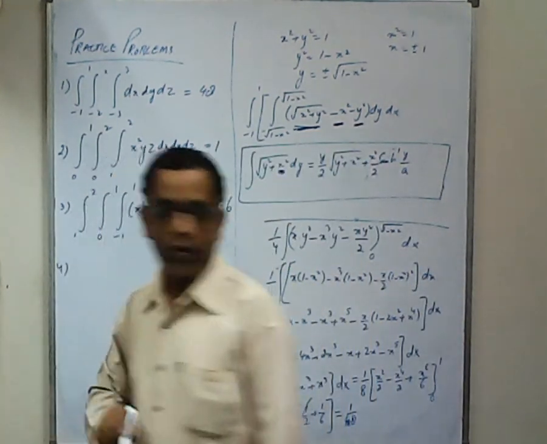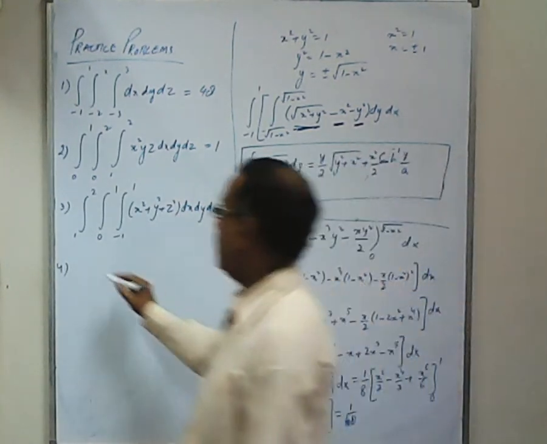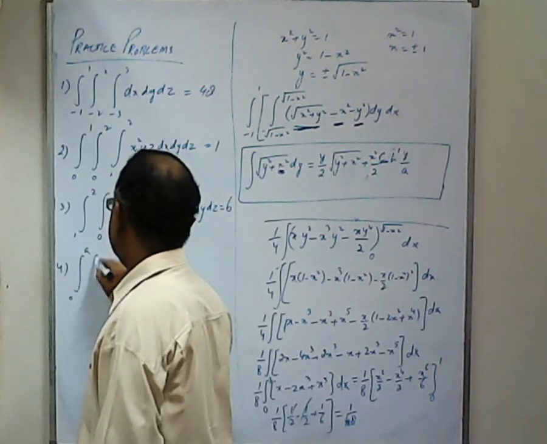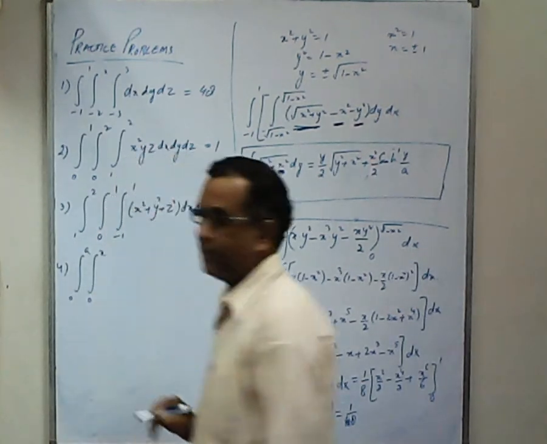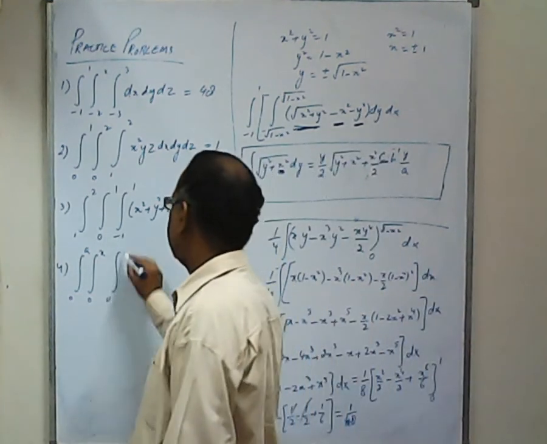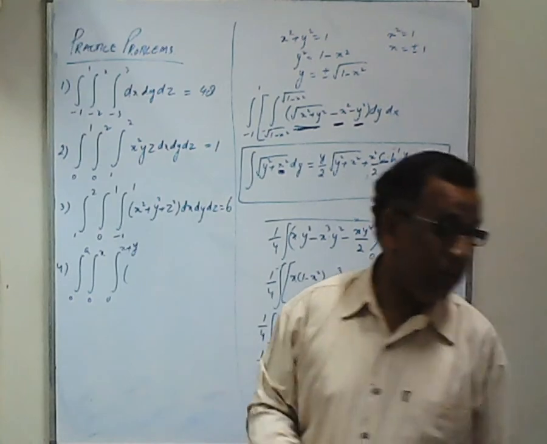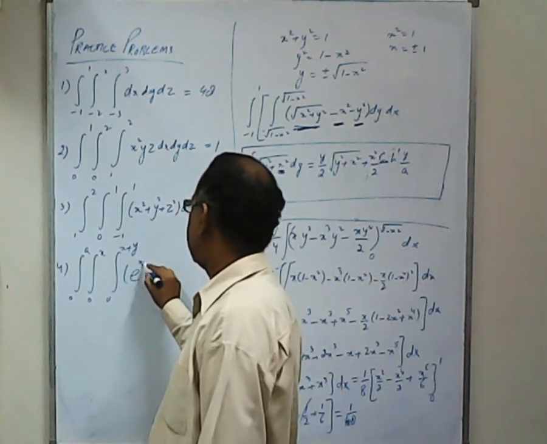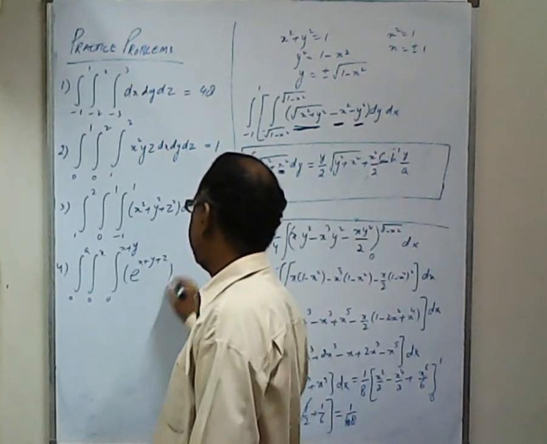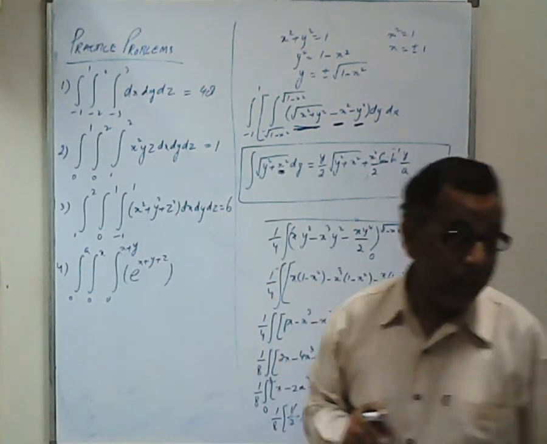Then number 4, 0 to a, 0 to x, and 0 to x plus y. The function is e to the power x plus y plus z, dz, dy, dx.